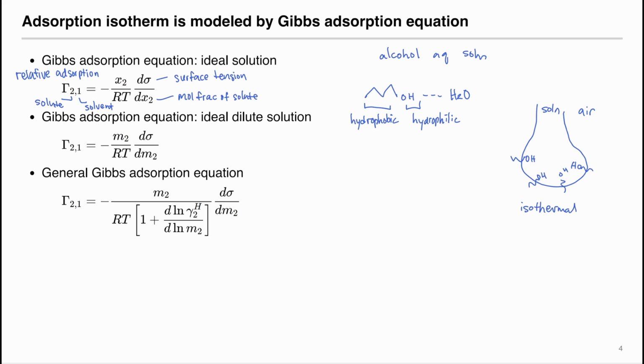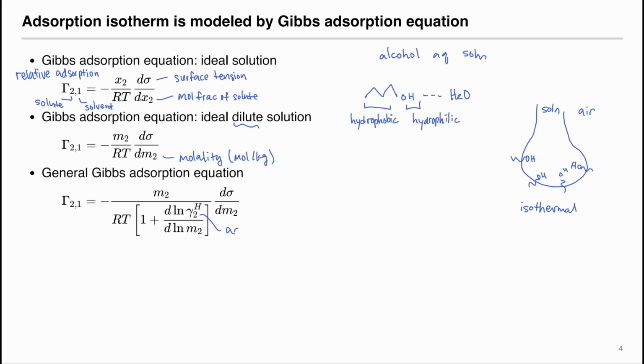When it is an ideal dilute solution, then we can say that the molality, which is a concentration, again, mole per kilogram, a mole per mass basis concentration, replaces the mole fraction. When the system is not ideal, then we need to make corrections based on the activity coefficient based on Henry's law.